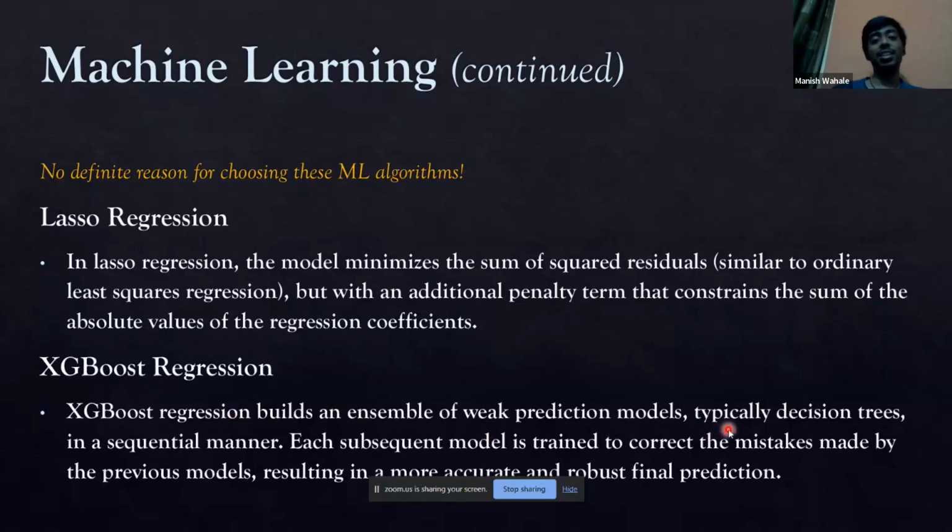What it does is first create a small weak model, and then sequentially improve its previous model's performance. It creates one weak model, then learns from that. It says, oh, this model is not performing well because of this feature. Then it gets a second model, which is an improvement over model one, and next model three is an improvement over model two, and so on.